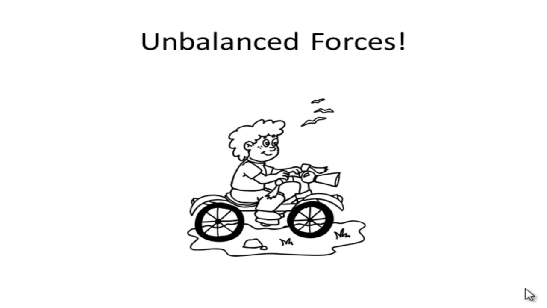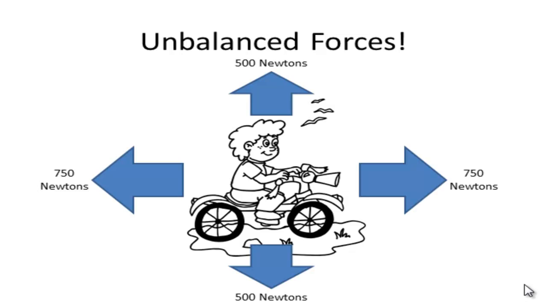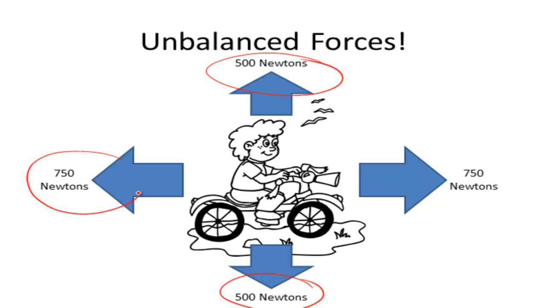And when we were looking at balanced forces, we looked at the force due to gravity, which was 500 newtons in the downwards direction. And that was being balanced by a force of 500 newtons in the upwards direction due to the ground pushing the bike and the rider up. We also looked at a frictional force which was trying to stop the motion, which was 750 newtons.